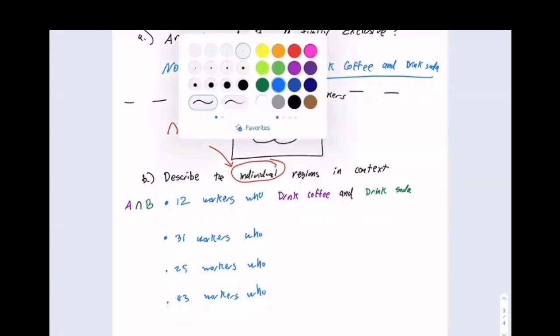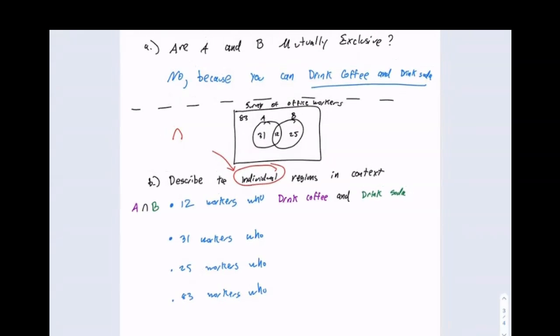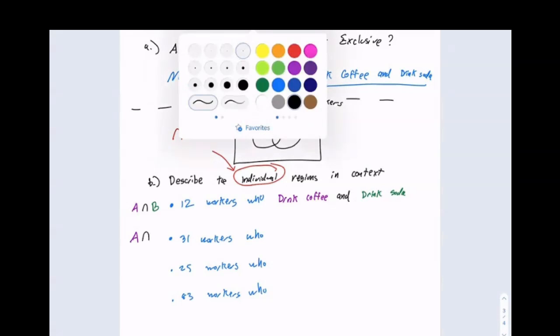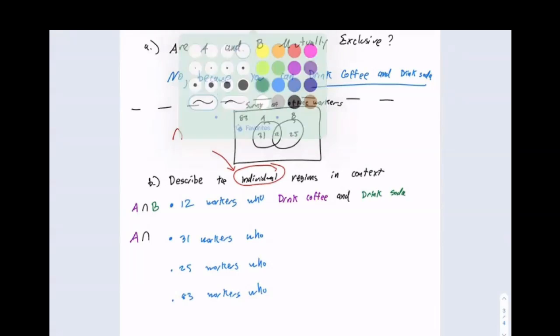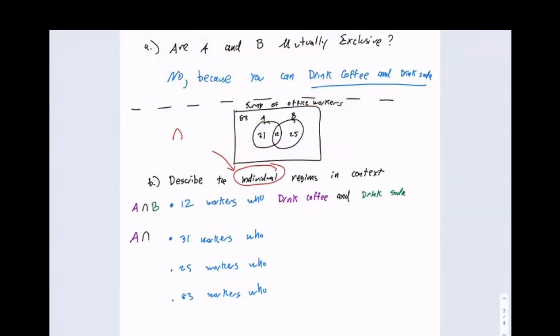All right. Let's talk about the 31 region. It's a single region, so we know it's an intersection. Is it inside of A? Yes. So you just use a plain old A. Is it inside of B? No. So it's A intersection, A intersection A wouldn't make sense. We're using both events here.